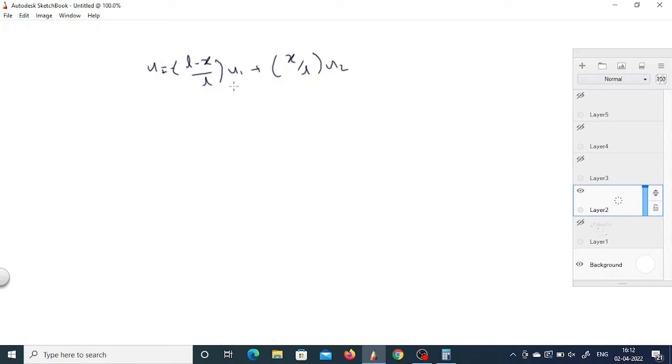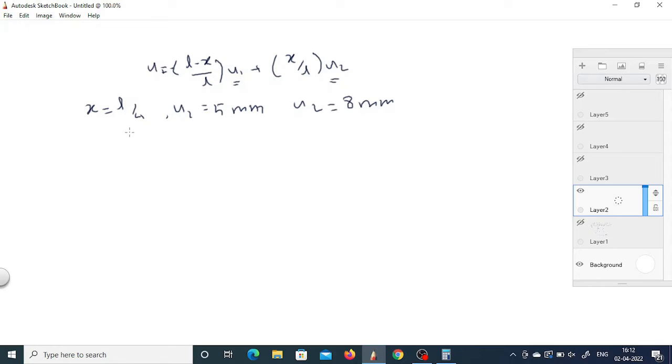So now we have u1 equal to 5 mm and u2 equal to 8 mm. The first question is x equal to L by 4. How can we identify the values?